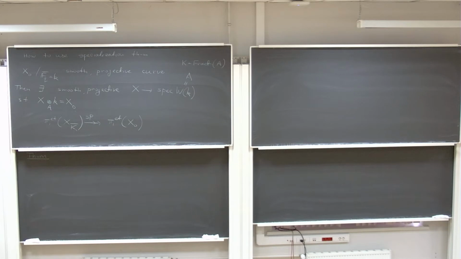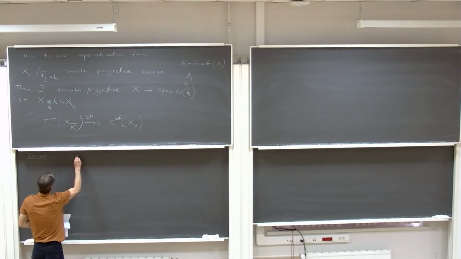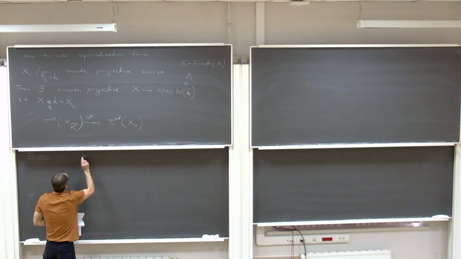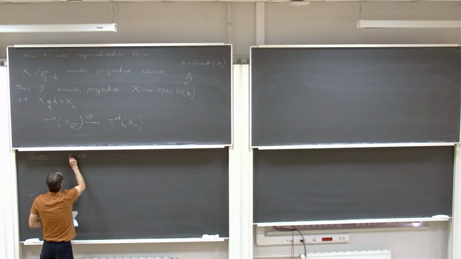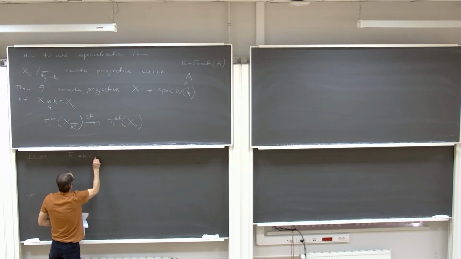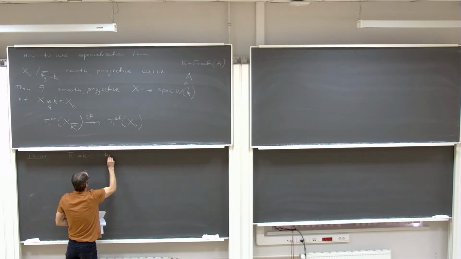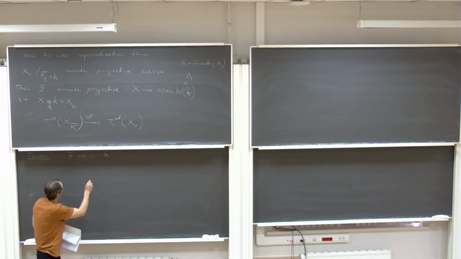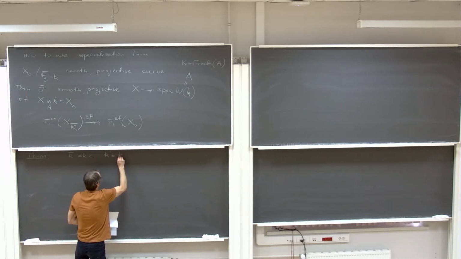So the general theorem is the following. Suppose I have two algebraically closed fields and an arbitrary field extension. Of course, it's not algebraic unless it's trivial.